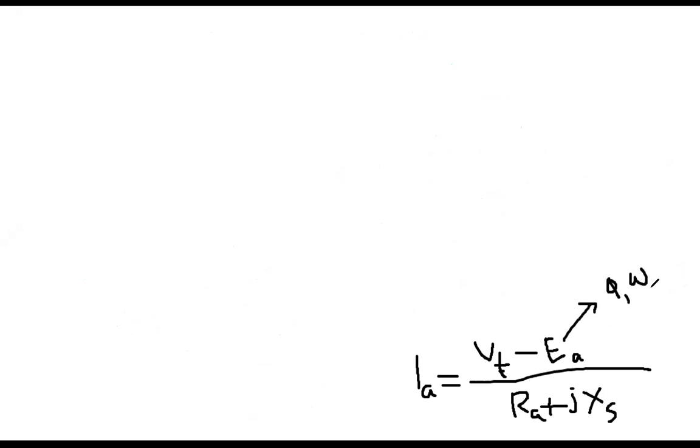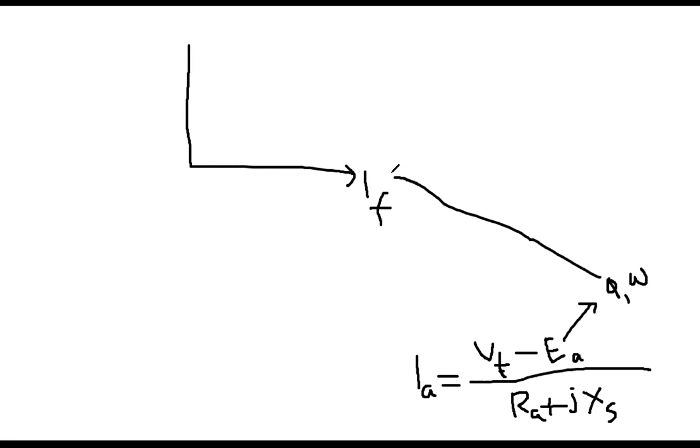But because this is a synchronous motor, speed is constant, speed is fixed. So the main factor is the flux or the field current. Now I am plotting the field current to represent this flux. This is your field current, and here it is armature current.